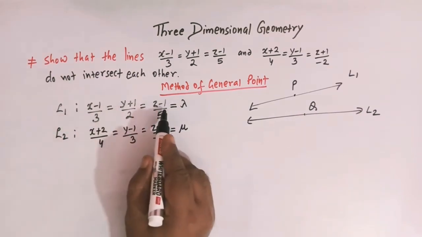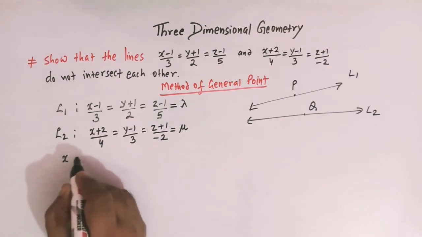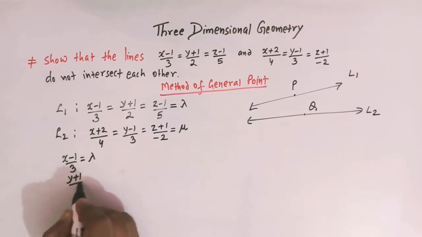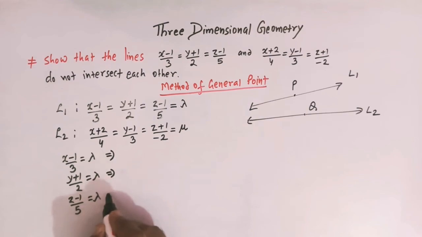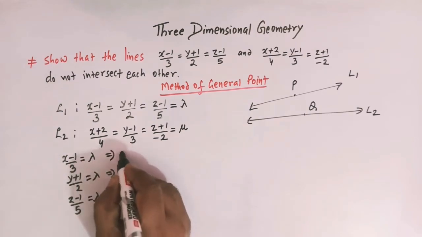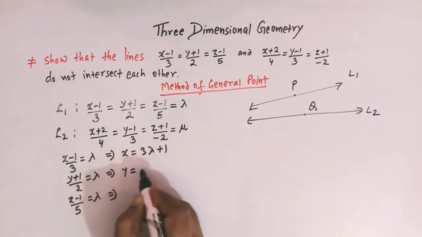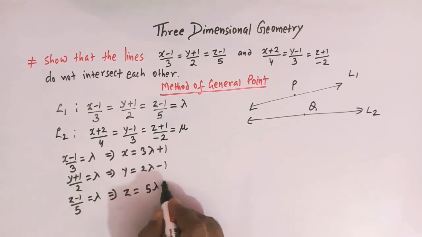We can form three equations from here. The first is (x minus 1) over 3 is equal to lambda, then (y plus 1) over 2 is equal to lambda, and (z minus 1) over 5 is equal to lambda. Now we can rearrange these equations. So x is 3 lambda plus 1, y is 2 lambda minus 1, and z is 5 lambda plus 1.